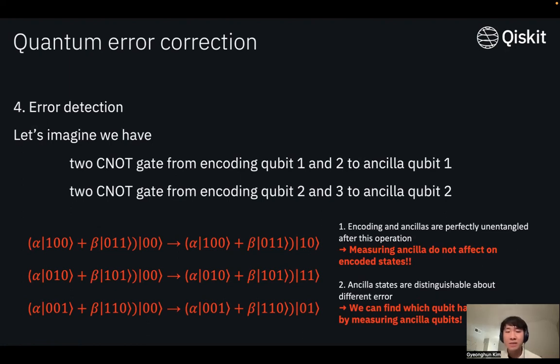And if we have a single bit flip error on the first qubit, then the unselect qubit state is 1, 0. If we have a single bit flip error on the second qubit, then the unselect qubit state is 1, 1. And finally, if we have a single bit flip error on the third qubit, then the unselect qubit state is 0, 1. So we can find which qubit has an error only by measuring the unselect qubits.